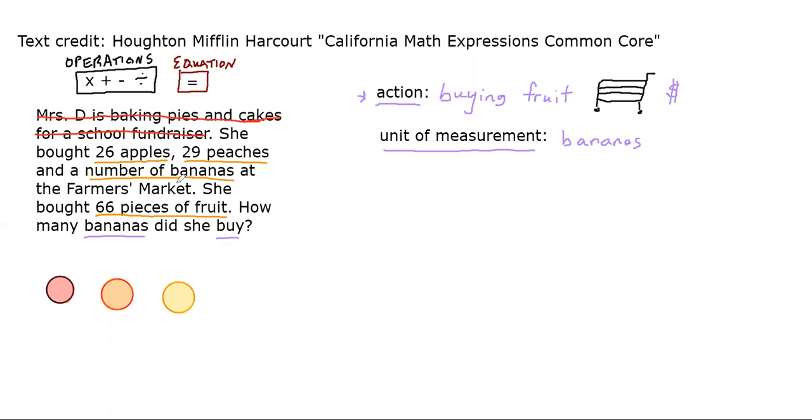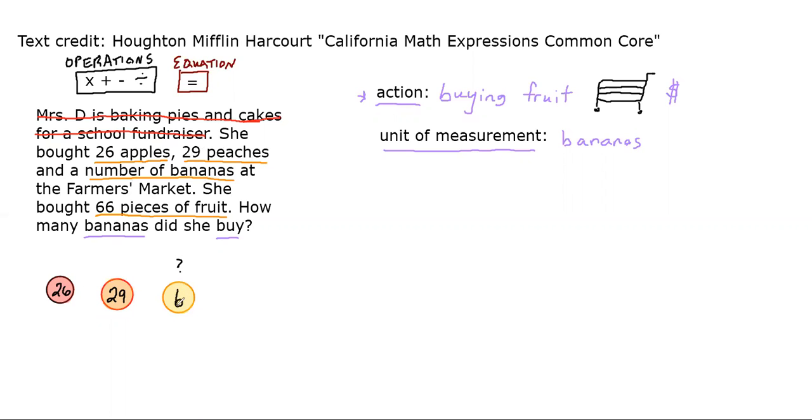Now I'm going to draw the corresponding numbers in each fruit. And this is a bit tricky, so it's really important to go back to our problem and make sure we're matching the numbers correctly. So 26 apples, 29 peaches, and an unknown number of bananas.